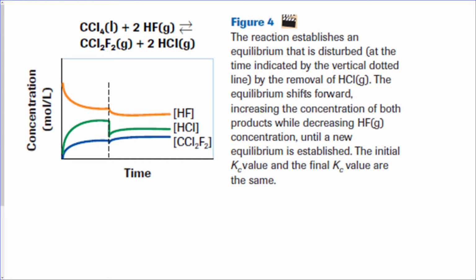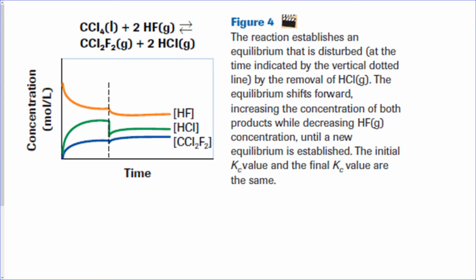If we do the opposite, so instead of increasing the concentration of our reactant, we decrease the concentration of one of our products, in this case removing some of our hydrogen chloride gas, the equilibrium is once again going to shift right to compensate.